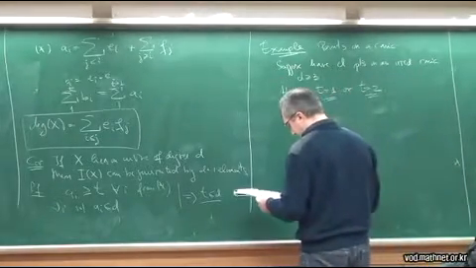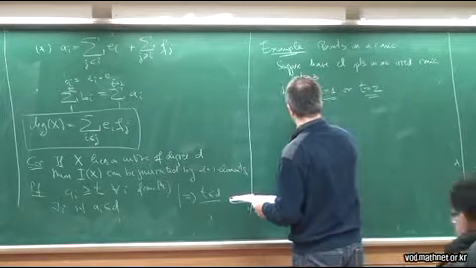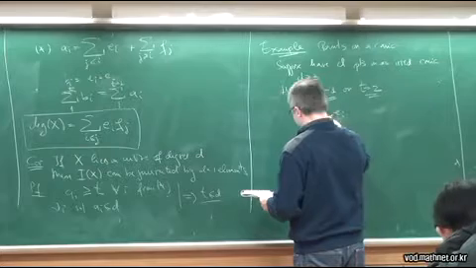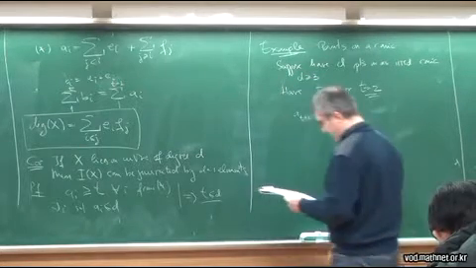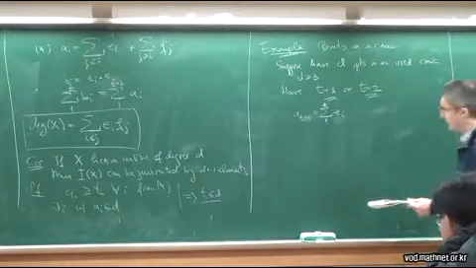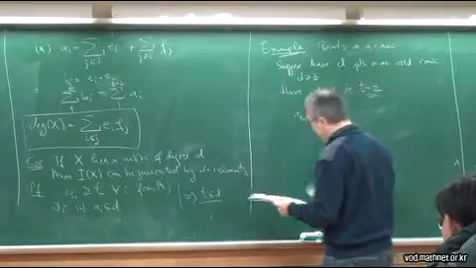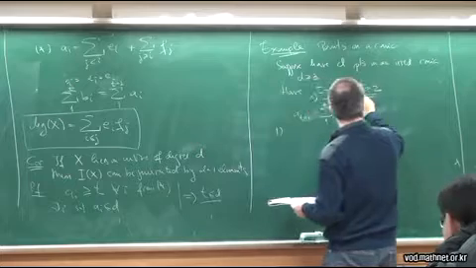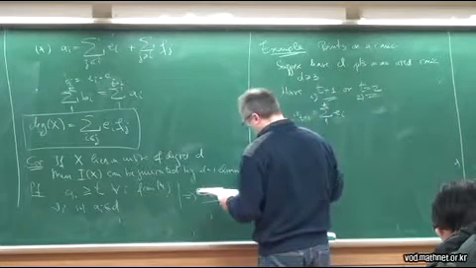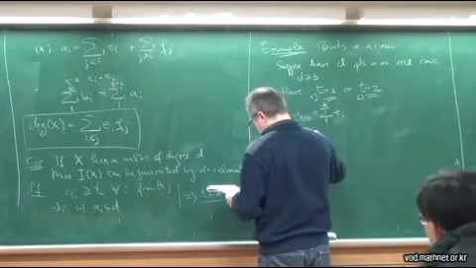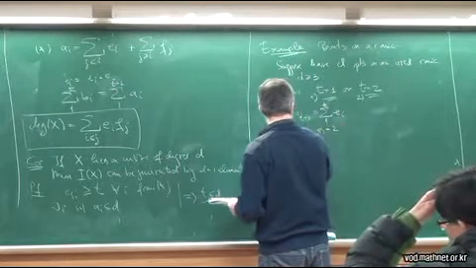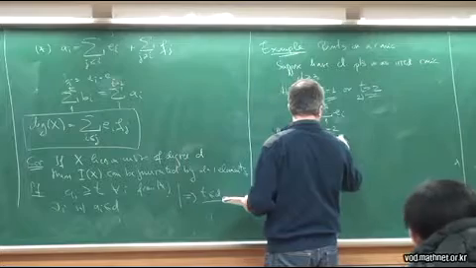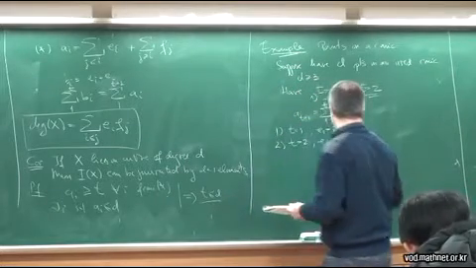And again, since a_{t+1} is the sum of e_i's from 1 to t, these cases will correspond to case 1 and case 2. Case 1 will correspond to t equals 1, and d_1 equals 2. And case 2 is the case t equals 2, and d_1 equals d_2 equals 1.